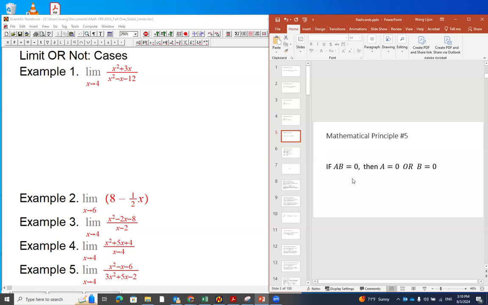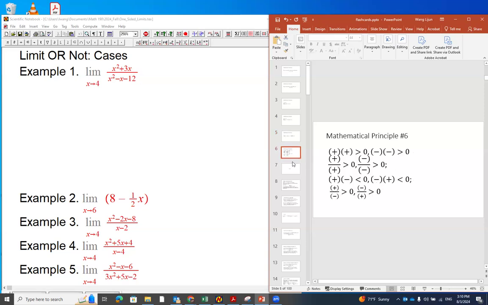Number 5, if the product of 2 numbers is 0, then one of them must be 0. And number 6, which is the last one from algebra, is about the product and the quotient, and we're going to use these properties very often. Positive times positive stays positive. Negative times negative stays positive.